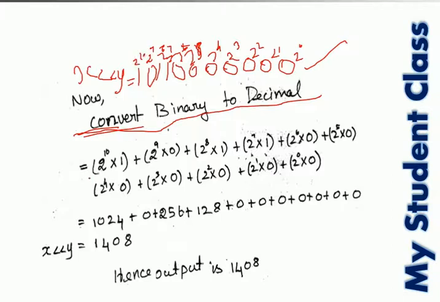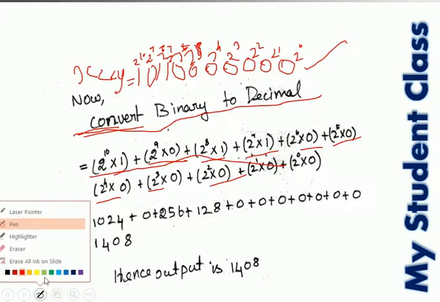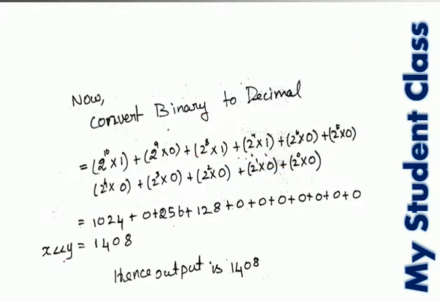Like that we have written it here. Then we add these, and the total will be the value of the double less-than symbol, that is, the left shift value of x and y.